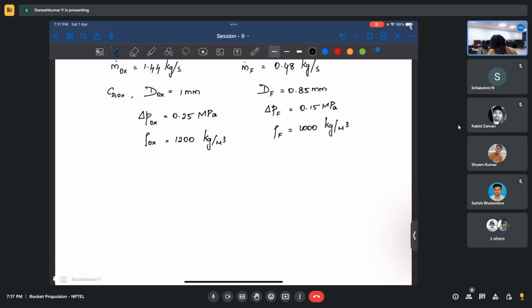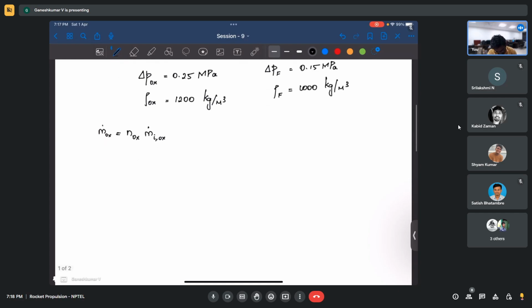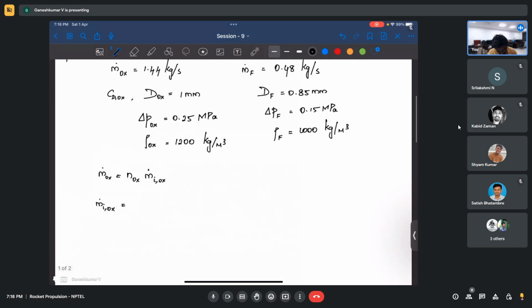So we can even write the mass flow rate of oxidizer as the number of oxidizer orifices times the mass flow rate through each orifice, m_i. So in each orifice, what is the mass flow rate? Now the challenge is we need to find the mass flow rate in each orifice based on the given data.